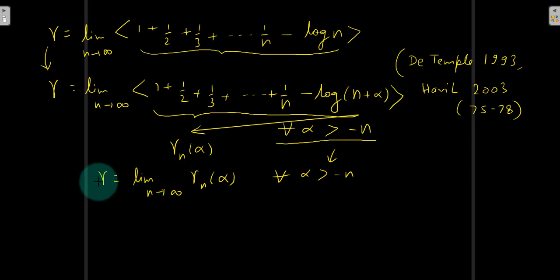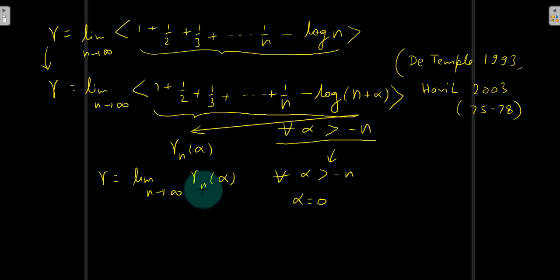So here you can easily take alpha as 0. If you take alpha as 0, you will get the expression which we have already seen and discussed about this Euler constant. The same sequence we will be getting for alpha equals 0.